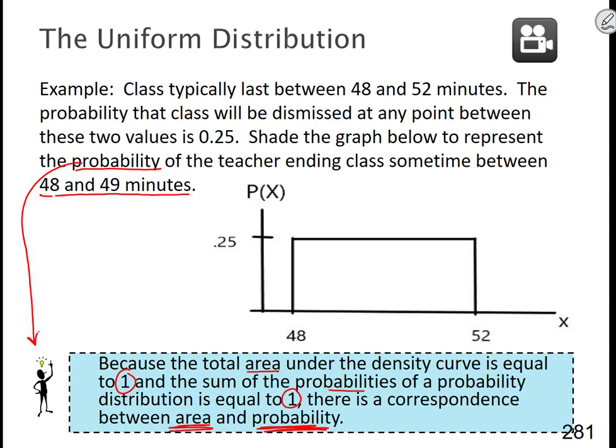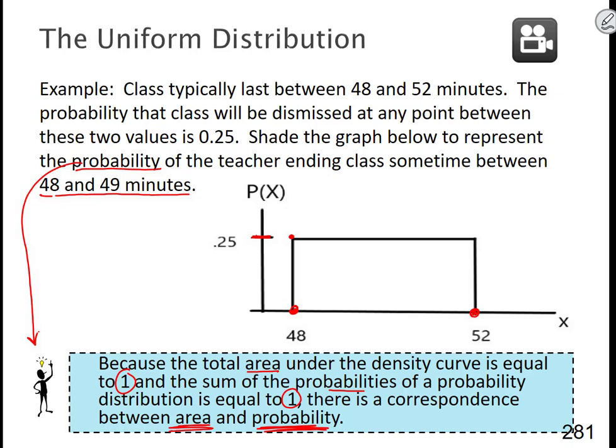If we look at this rectangle, we see that on the far left side of the rectangle we have 48, and on the far right side we have 52 minutes. They both go up to the point of 0.25, which is the only thing labeled on the vertical axis, because every second in between 48 minutes and 52 minutes has the same probability.